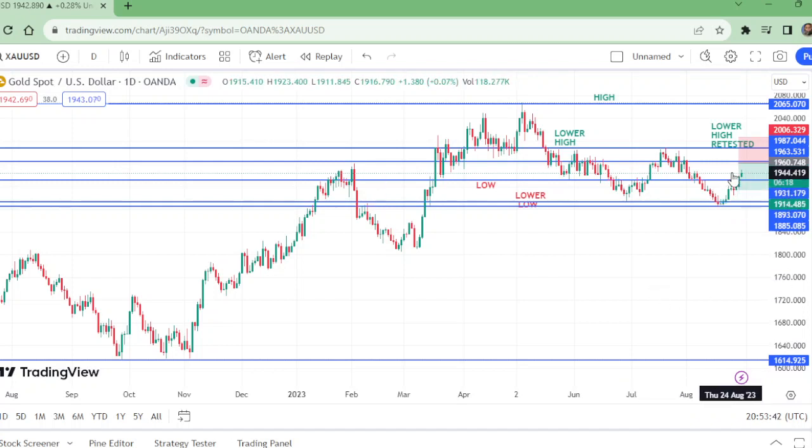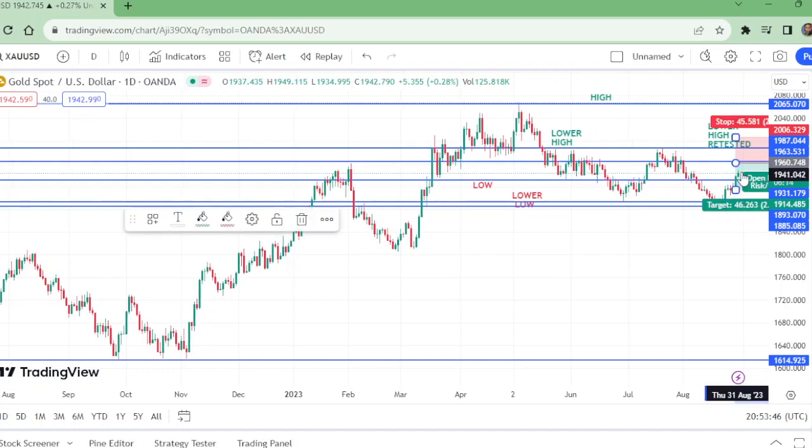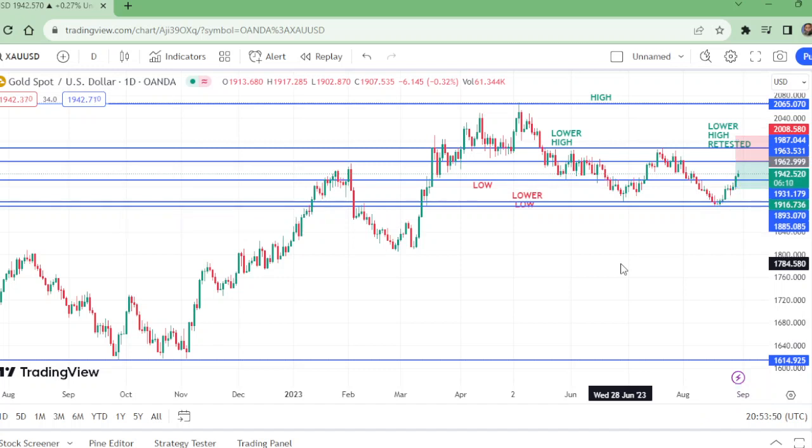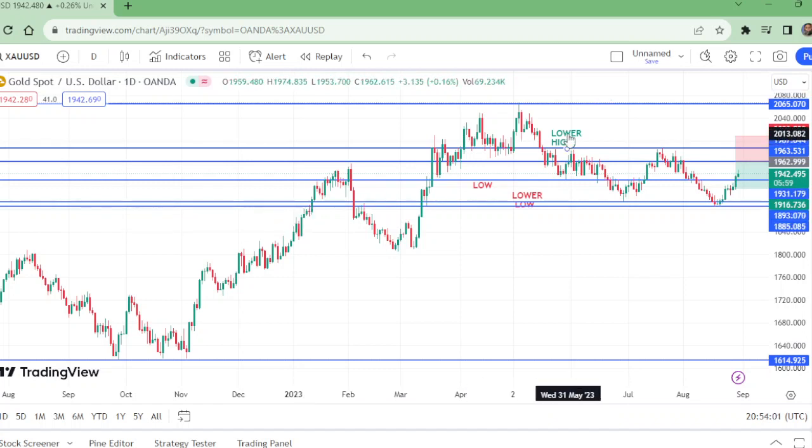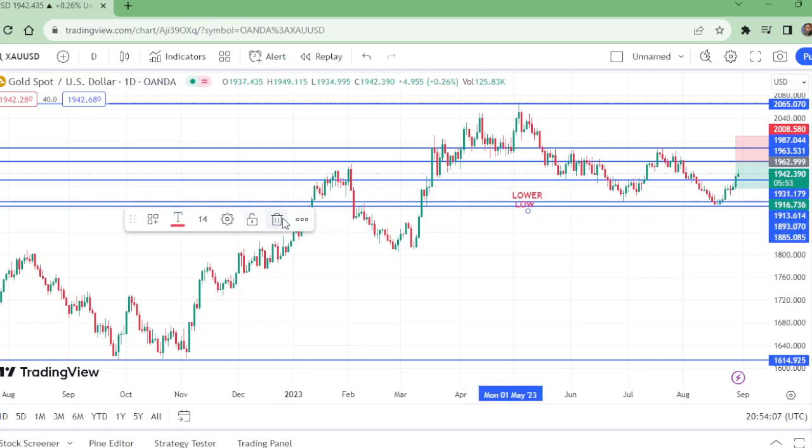After entry at 1980, these are the levels that I have put, but now let me remove all this to make it clear what take profits we have available.